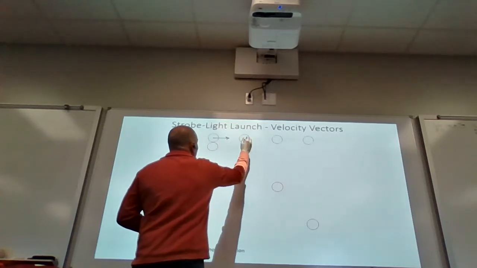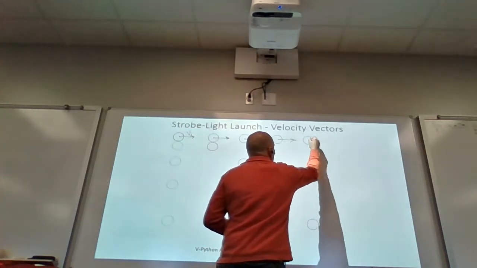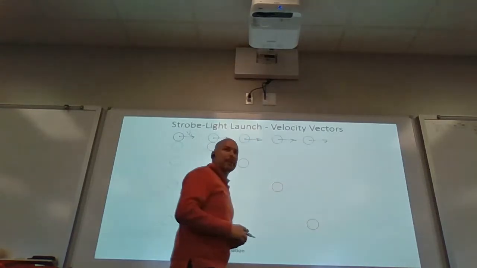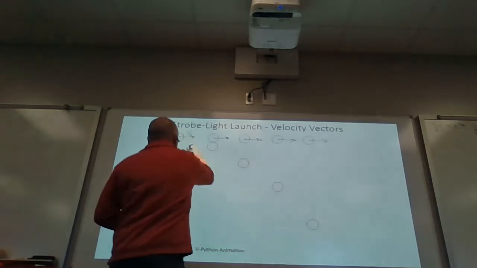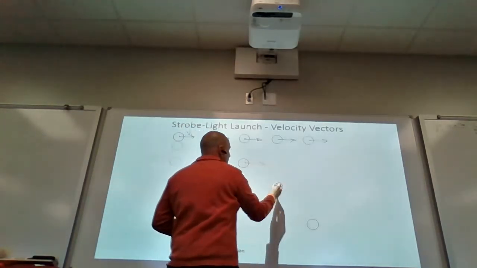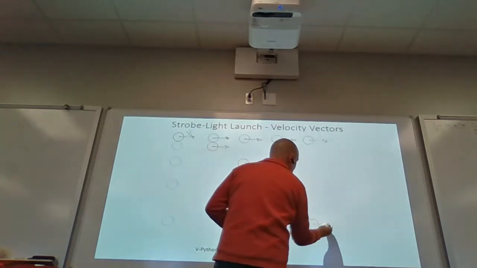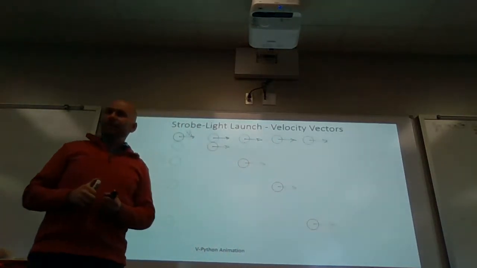Horizontally, it maintains that velocity the whole time. It does not change. It's constant. Okay. So as the ball falls, it still has this velocity that's constant because there are no forces acting on it.